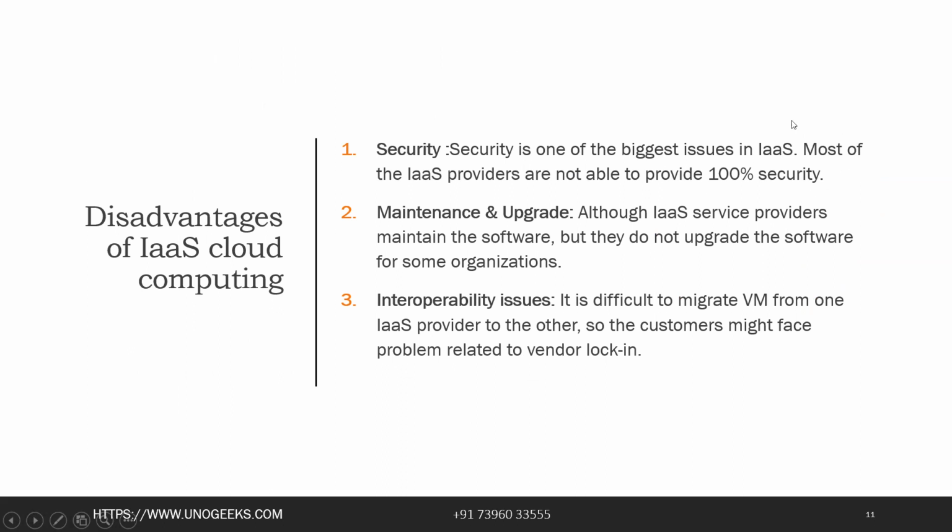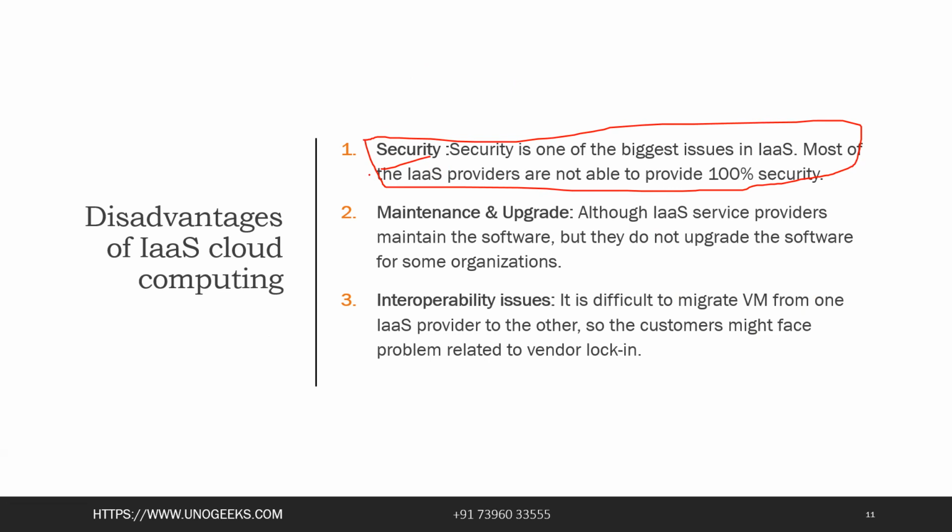This will not be taken care of by the cloud service providers. They will take care of only the middle layer and the operating system layer, but the security for the login and for the application transactions should be taken care of by the companies who own the application. That is one of the important points.